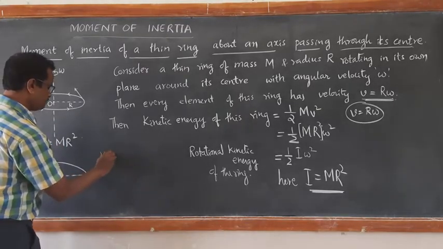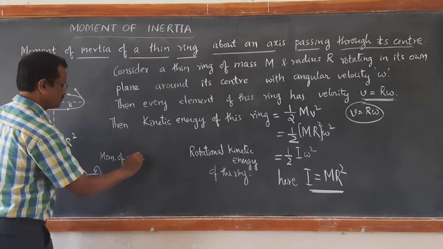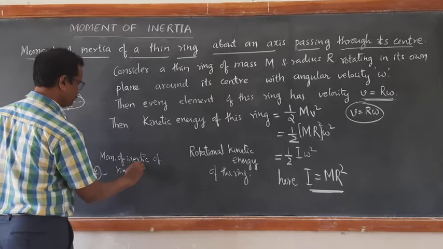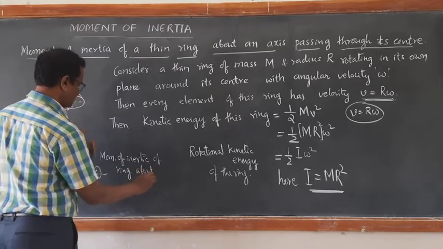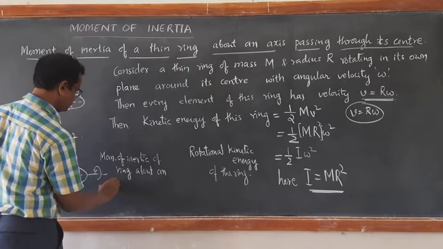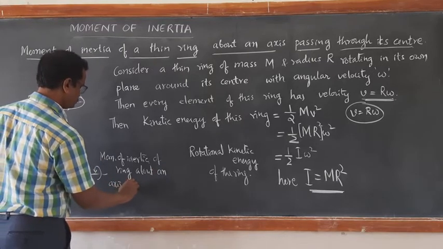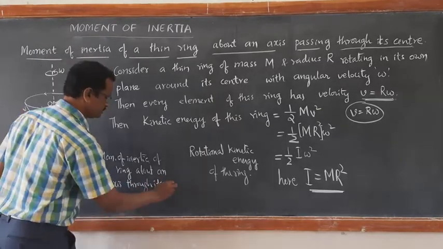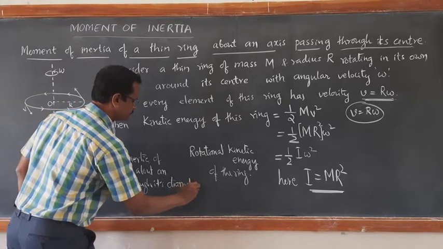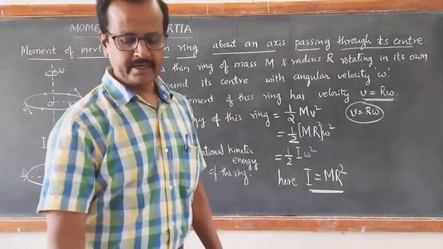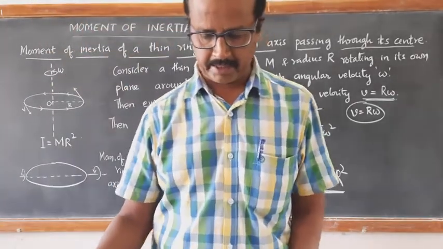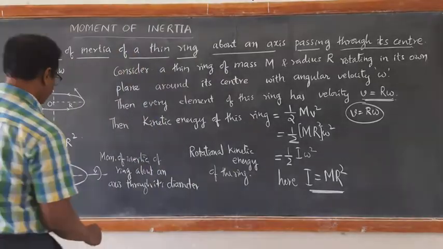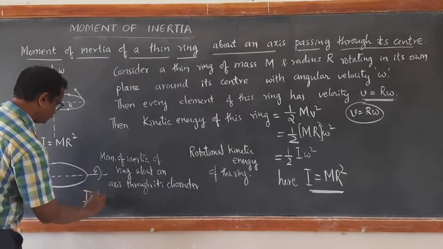The moment of inertia of a ring about an axis passing through its diameter is given by I equal to M r square by 2.